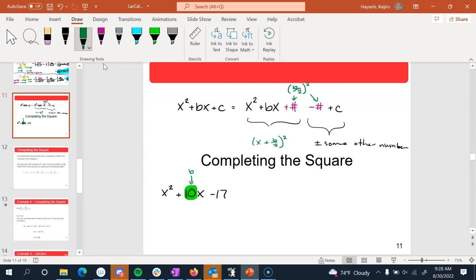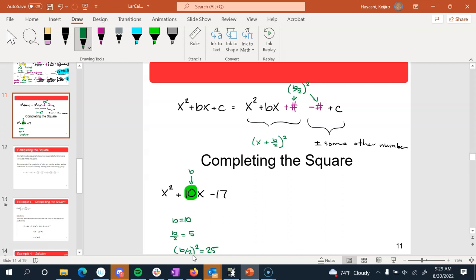This is our b. So if b is 10, b over 2, just cut it in half, is 5. And b over 2 squared is 25.